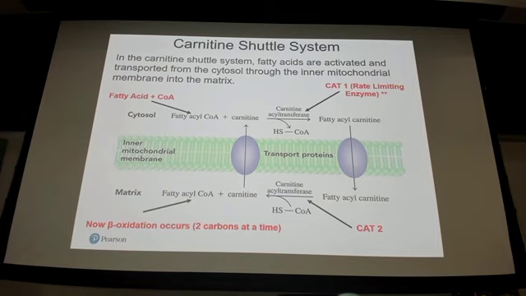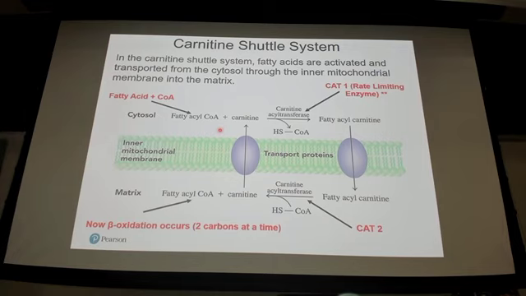So what happens is the fatty acyl-CoA group must add a carnitine moiety to it. That carnitine moiety will enable the fatty acid to be transported into the mitochondria. This is through the carnitine shuttle system.